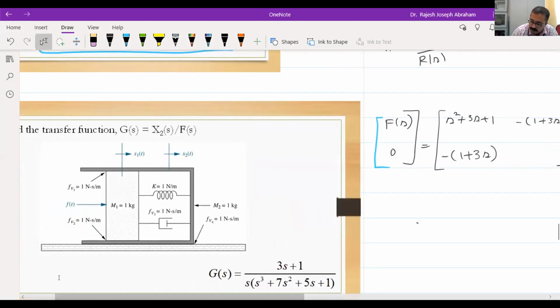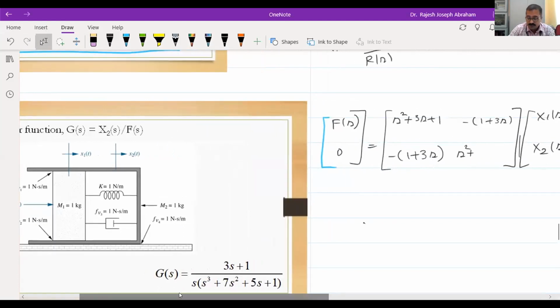So s square plus, then what are the elements connected? There is one dashpot here, s plus s plus s plus s, 4s plus 1. That will be the entry corresponding to M2 at the 2, 2 position. So s square plus 4s plus 1.